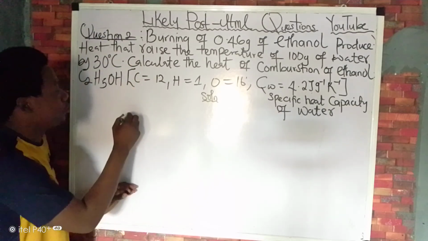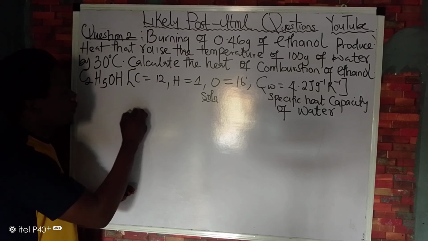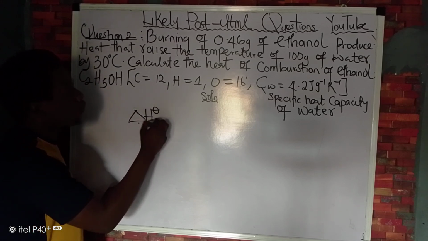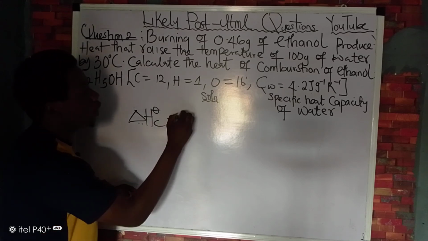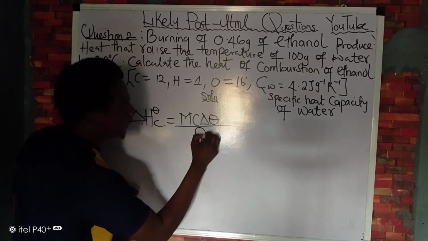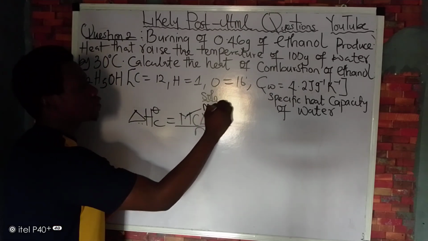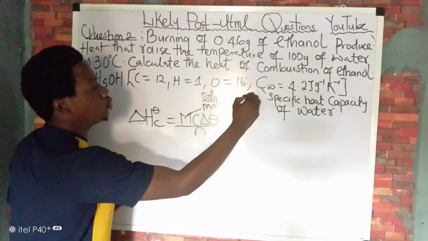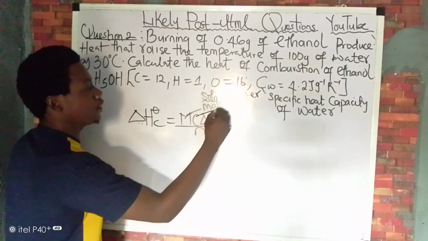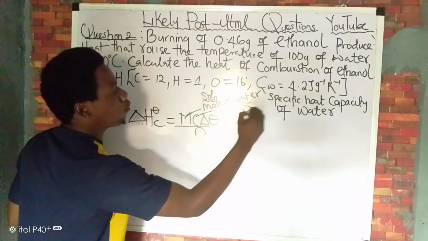So if we are to calculate the standard heat of combustion, it is equal to mc change in theta over n. Okay, this is known as the mass of water. You must note that this is called specific heat capacity of water.